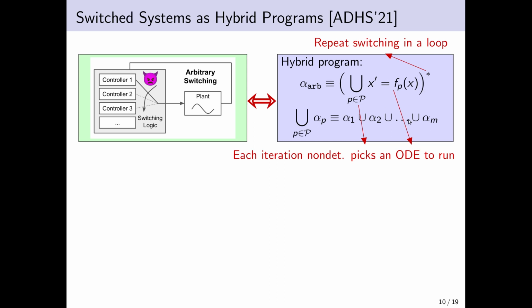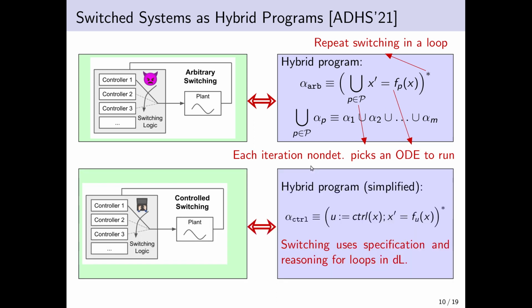This same idea can be used to model more complex forms of switching, such as when, as I've mentioned before, the switching logic is controlled by some kind of embedded code. Intuitively, we have the same pattern where we have a big switching loop, and on each loop iteration, we start by applying the controller to pick a mode u, and then we run the mode u for some duration.